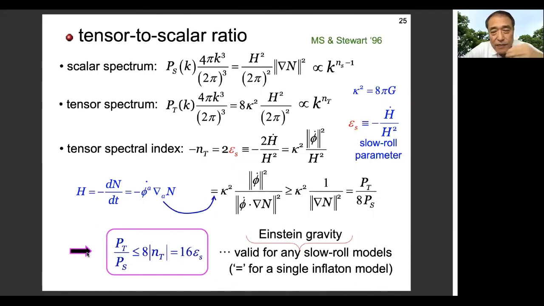Like in the case of scalar perturbation, where you have a gravitational potential which gives rise to the fluctuation in the CMB temperature, now the tensor perturbation gives you a similar sort of fluctuation in the CMB, but it's the so-called B mode polarization.